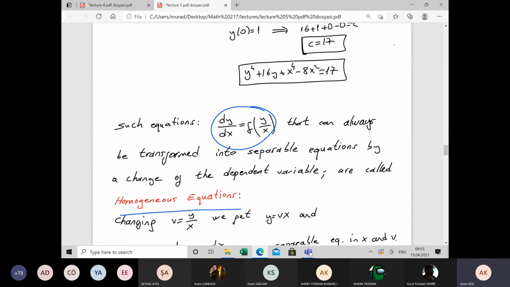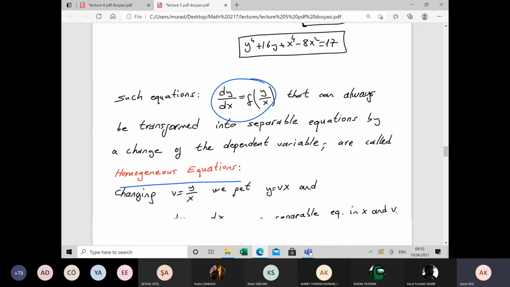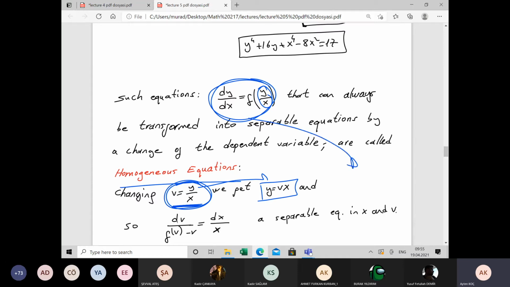We change the variable here, y over x, and v is y over x. Assume that. So, solving for y, y is vx. Our aim is to use this substitution, so our new differential equation should be a separable equation. We claim that.